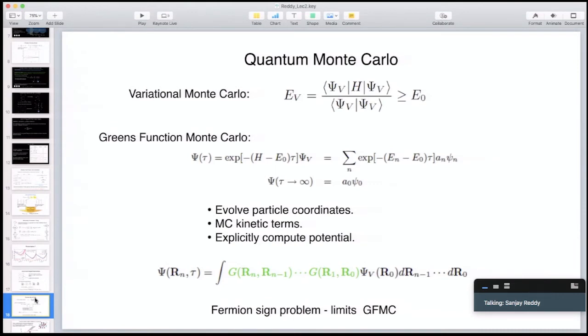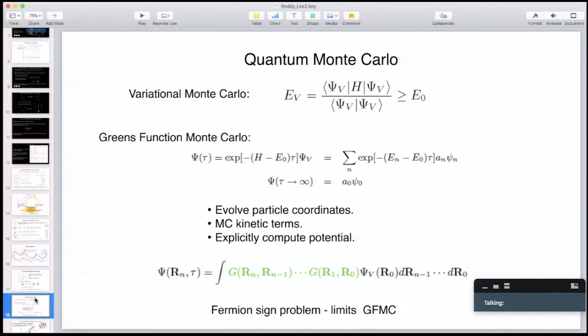However, if you act on an eigenstate of the system with this e to the minus H tau, as a function of tau, all the excited states will be suppressed. Tau is a real number, and it is called imaginary time, because in a regular Hamiltonian evolution you would have tau equals i t in the time evolution.